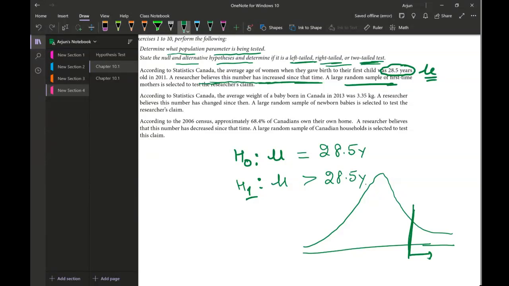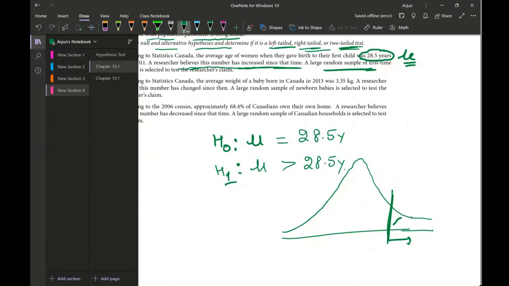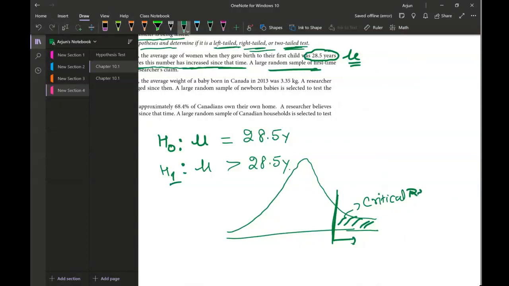This is the level of significance, or this region is also called the critical region. And whatever value you get corresponding to this z value, that will be the critical value.